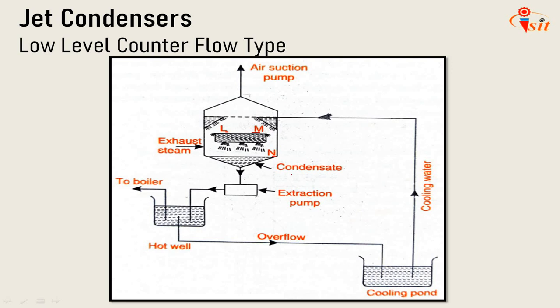The condensate and water mixture is sent to the hot well here, and the air is removed by an air suction pump provided at the top of the condenser here.